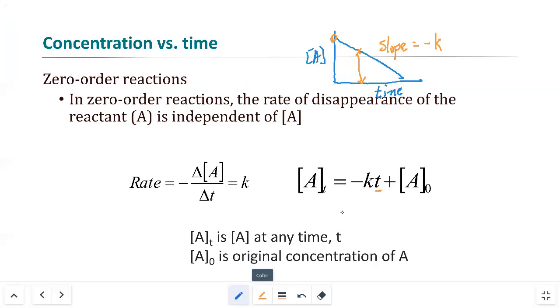So if I want to know how much of reactant A is left after 250 seconds, all I need to know is the rate constant and how much we started with. And I can figure it out because it's a linear trend. So zero order is very easy to see because the plot itself is a linear one.